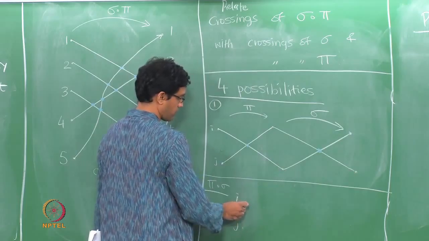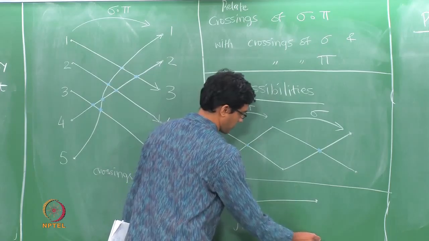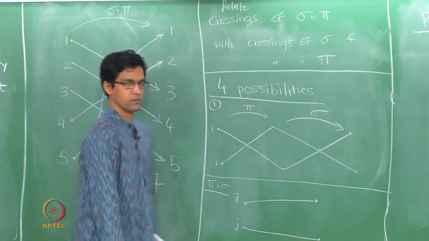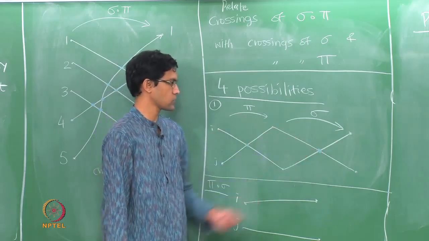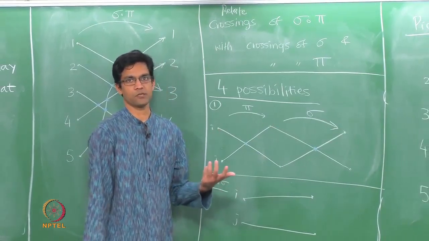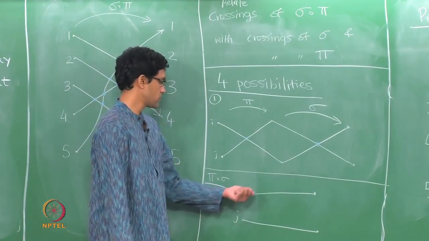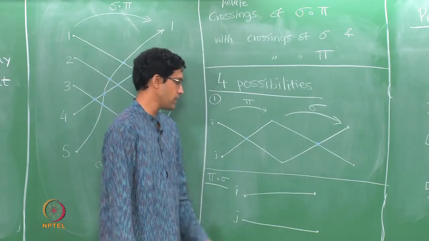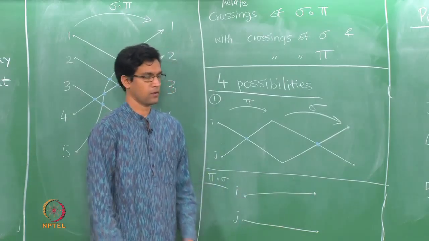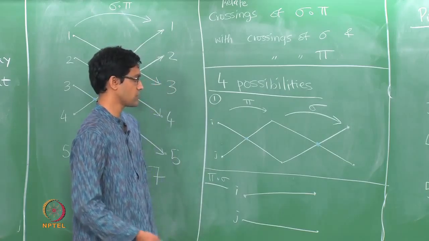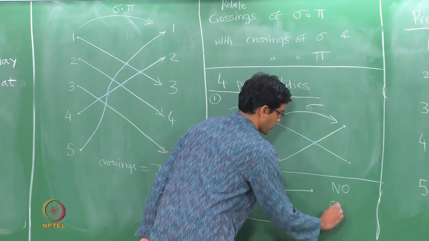So when I compose the 2, i maps to something which is smaller than whatever j maps to. Okay. In other words, if I have one crossing followed by another crossing, then they undo the effect of each other. In the final answer, in the composition of these two things, sigma of pi of i would be smaller than sigma of pi of j. Okay. So two successive crossings lead to no crossing in the composition.